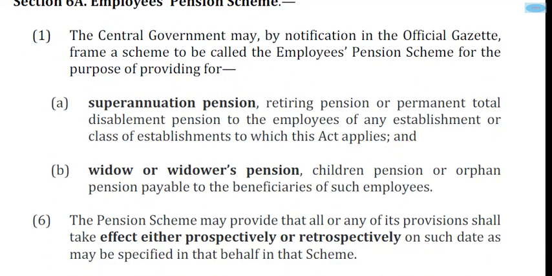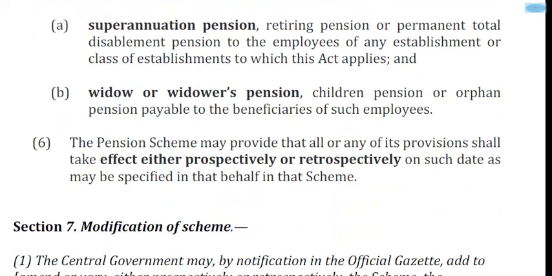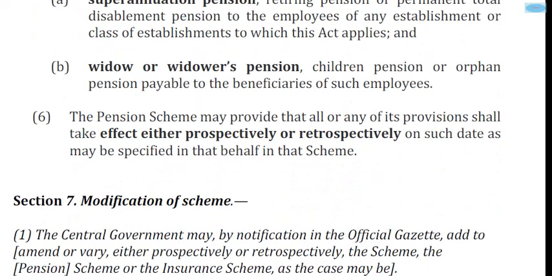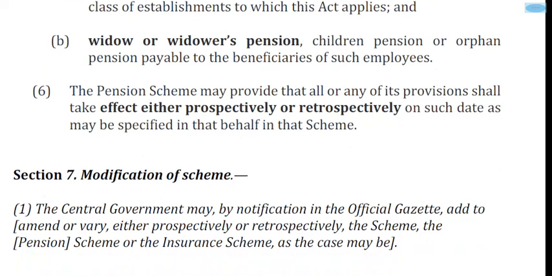Further, under section 6A, it also provides that the pension scheme can be modified, altered prospectively or retrospectively. In addition to this, section 7A empowers the central government, through a notification in the official gazette, to prospectively and retrospectively modify the scheme.